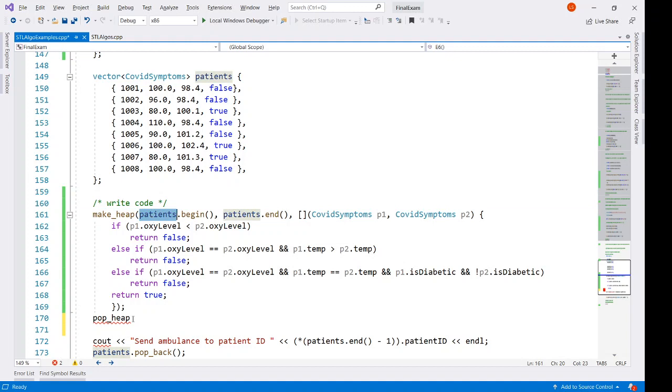So when we call pop heap, it basically takes the range, and this range should be in a heap state. So we have our whole vector in heap, so we give the complete range, right?